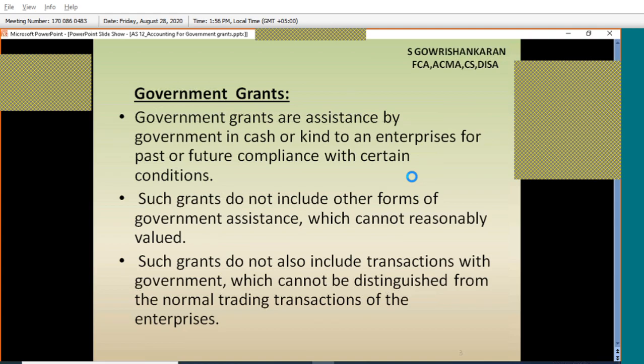I am selling crude oil every day at 100 rupees. Today I am going to sell at 90 rupees. 10 rupees discount I am giving to my customer. I am a government company, so that 10 rupees discount is not a grant. It is a business tactic. I am selling at a lesser price to my customers. The customer is purchasing that crude oil from ONGC at a discounted price. That 10 rupees discount is not a grant to the customer. I purchased at less price. That's it. Okay.